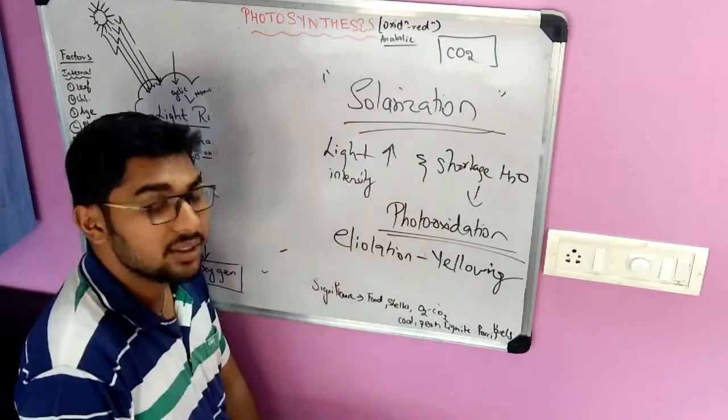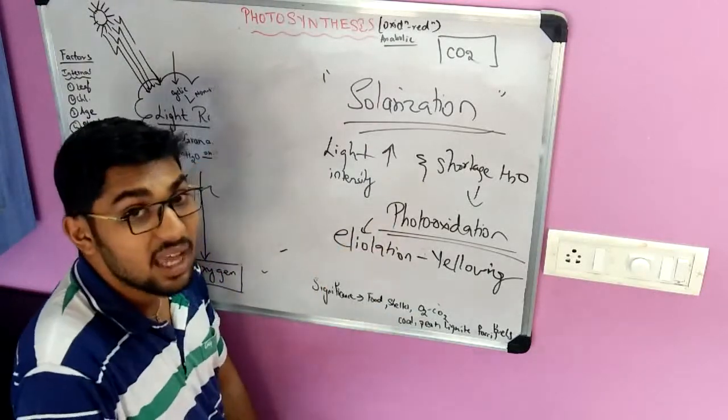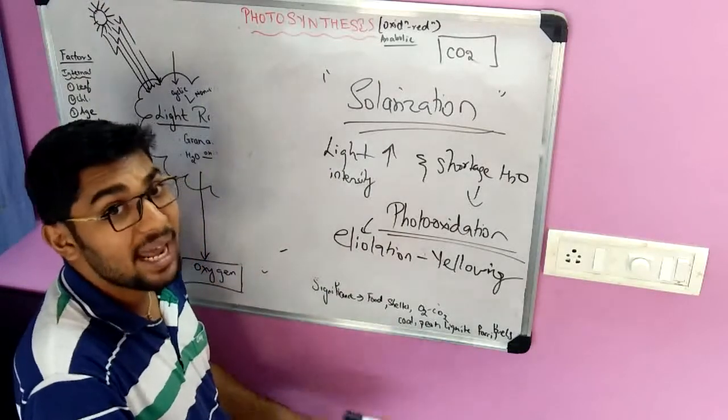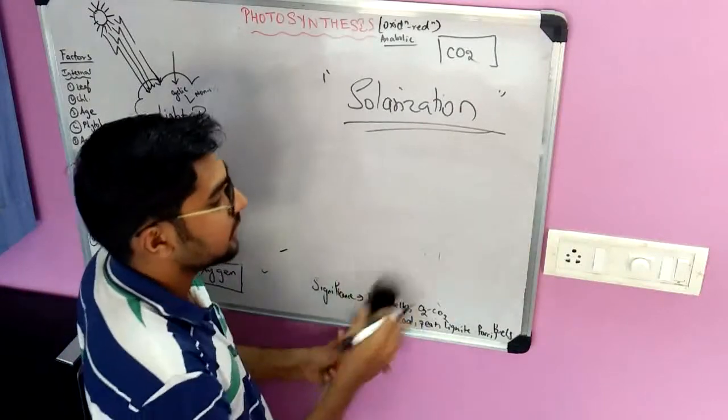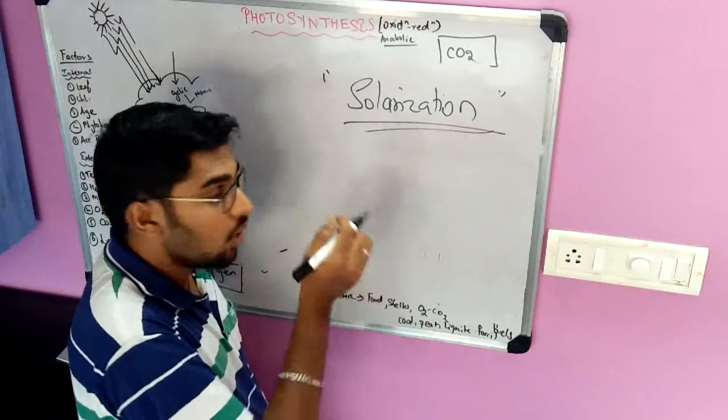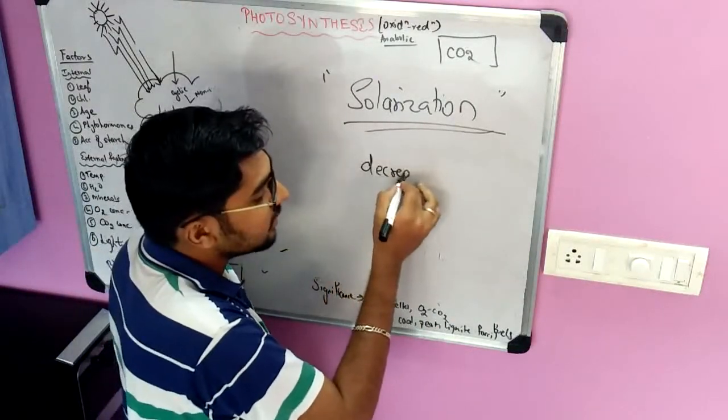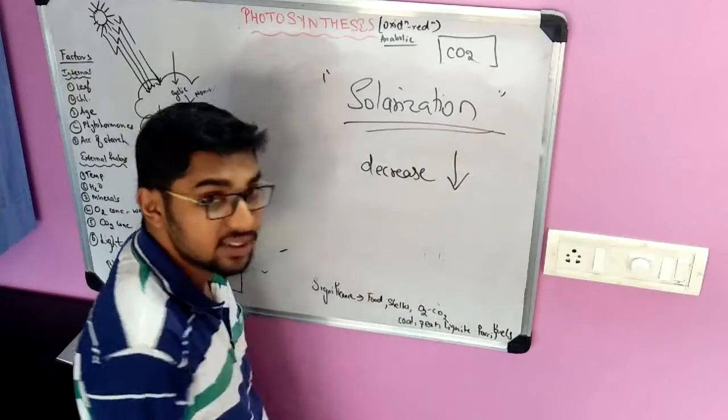So because of this photooxidation, etiolation occurs, and it leads to death of the plant, and it decreases the rate of photosynthesis.